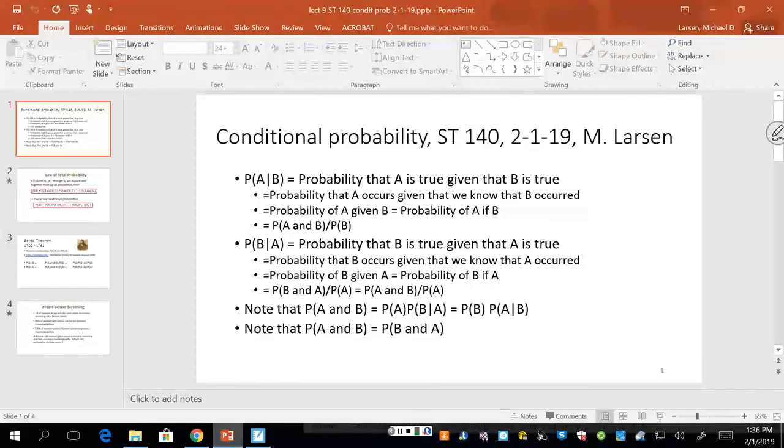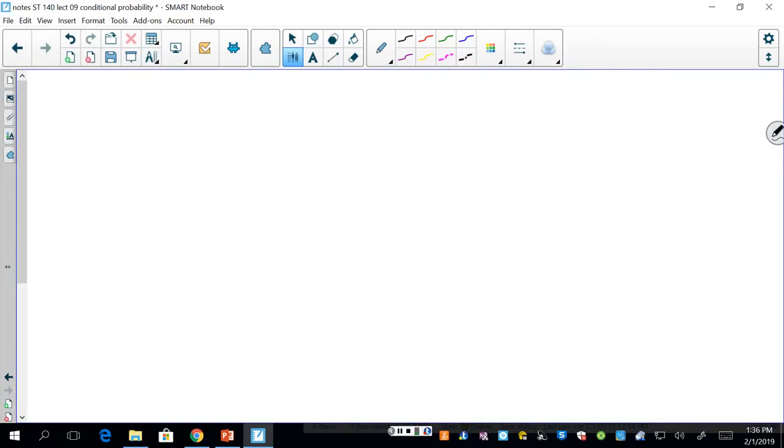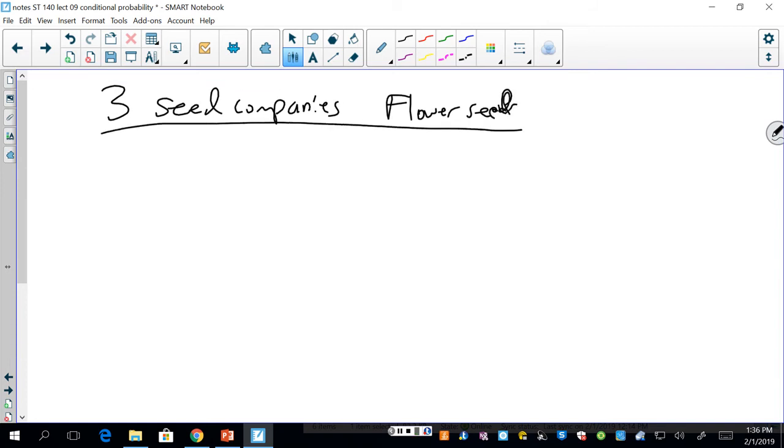And let's use this in an example. Let's say that you have 3 seed companies, and they're going to be supplying different flower seeds. The city's using them to plant flowers all over the city.